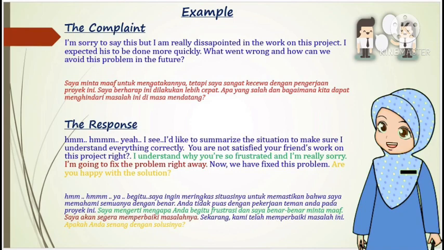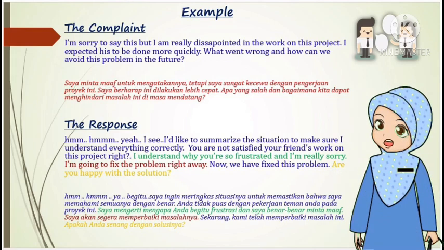And the last one is step number 4, that is following up, by saying, "Now we have fixed the problem. Are you happy with the solution?" Please use those 4 simple steps to respond to a complaint.